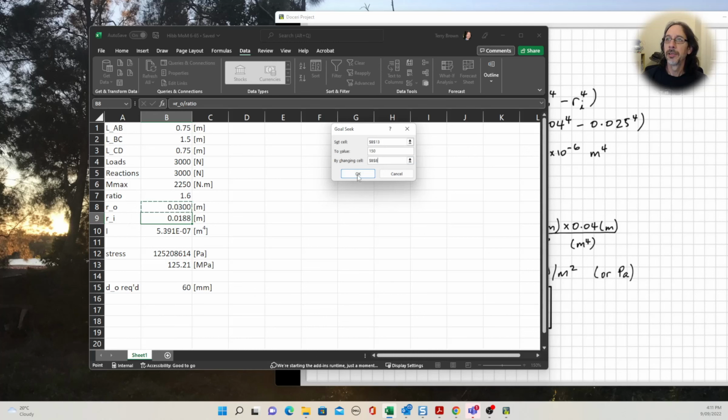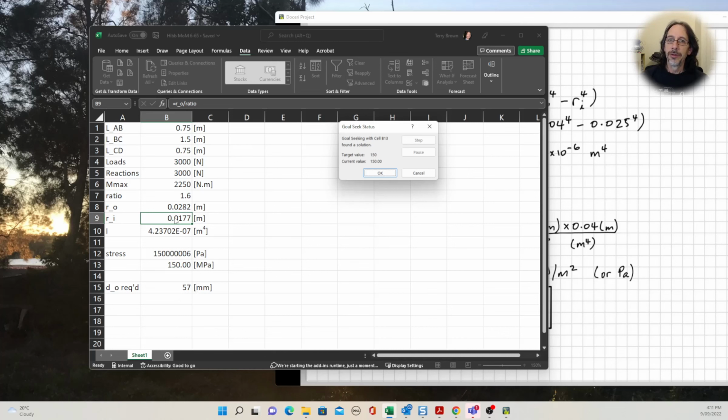If I do that now and let it do its thing, it tells me that I need an outer radius of 0.0282, a bit smaller than the 0.04 that we had before.